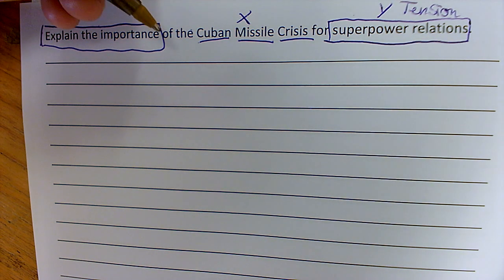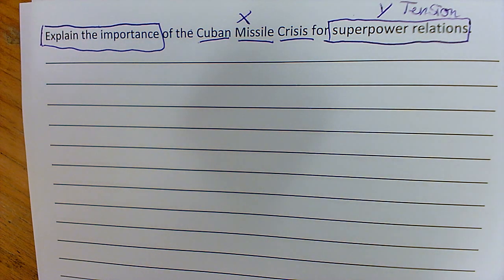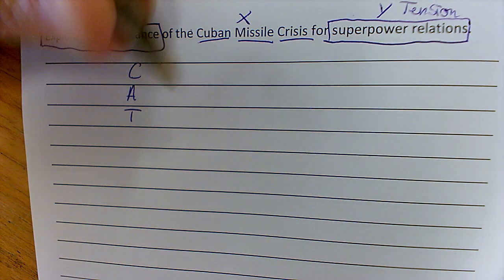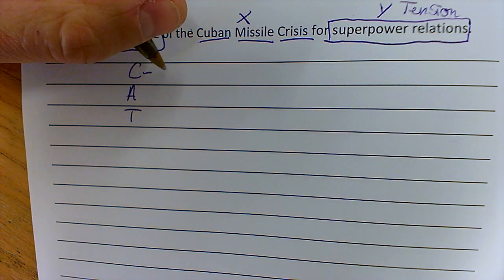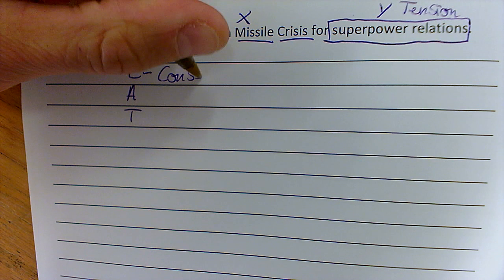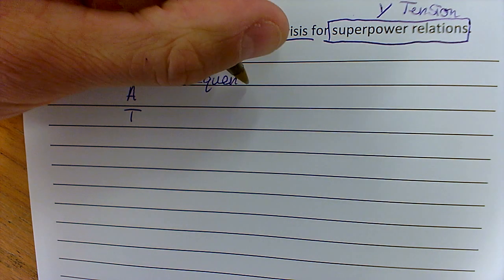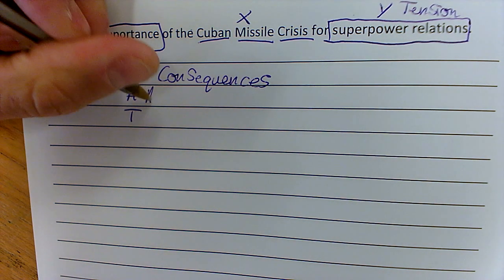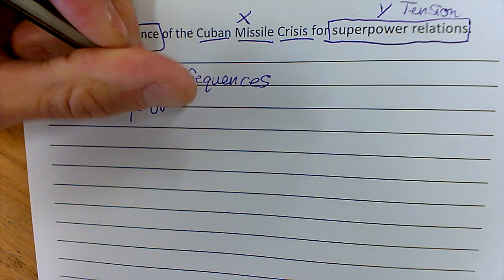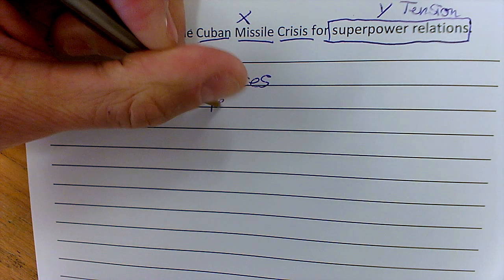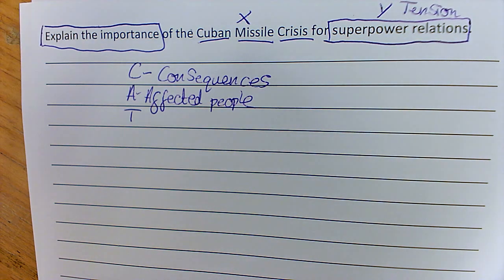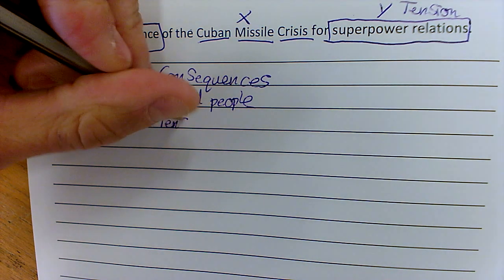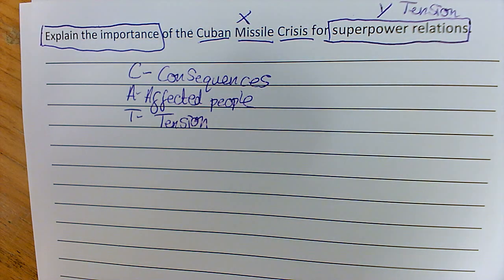To help us remember that, we have a really handy acronym that we call CAT. An event can be important because of its future consequences. An event can be important for the Cold War because it affected people at the time. An event can be important in the Cold War because it increased or decreased tension.